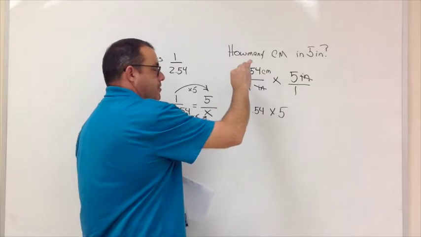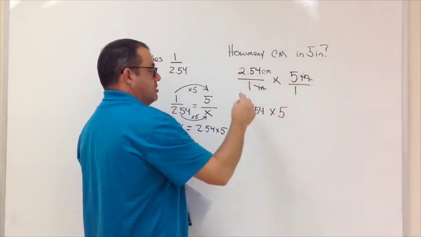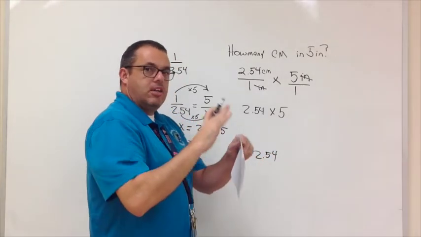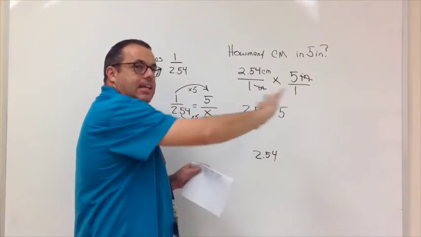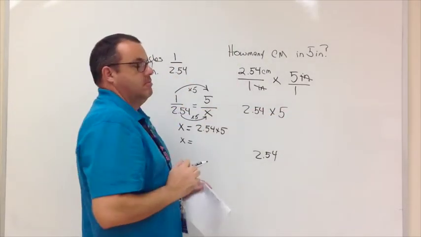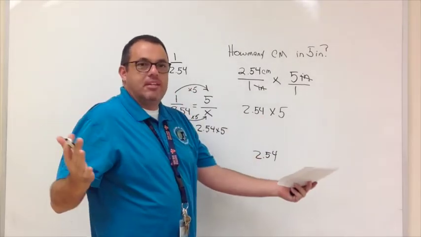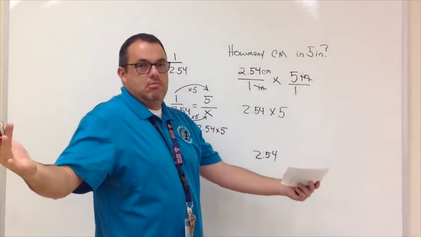Now, my conversion factor to go from inches to centimeters is 2.54. So if I know that conversion factor, I can convert any number of inches into centimeters. Okay? I can find out how many centimeters there are in 5, 6, 7, 8, 1,000 inches.